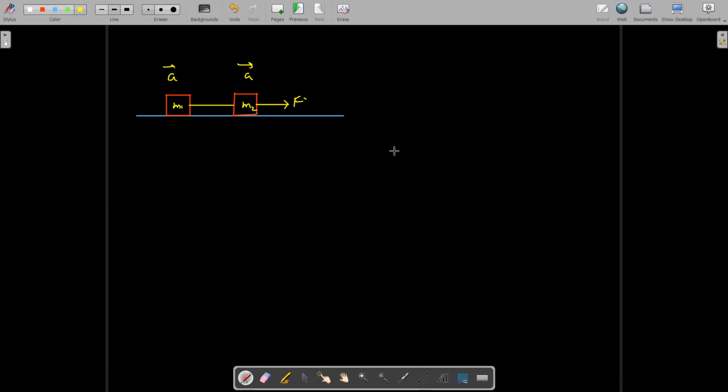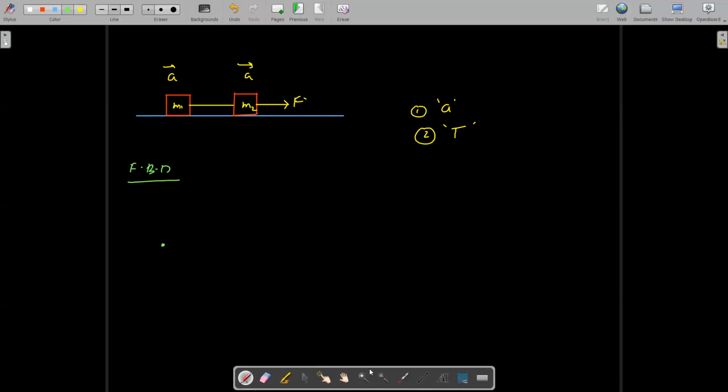So what we have to find out here is first the acceleration, and the second thing is to find out the tension in the string. Okay, so let's see how it can be done. Again, going back to thinking about the free body diagram, we can draw the free body diagrams here.